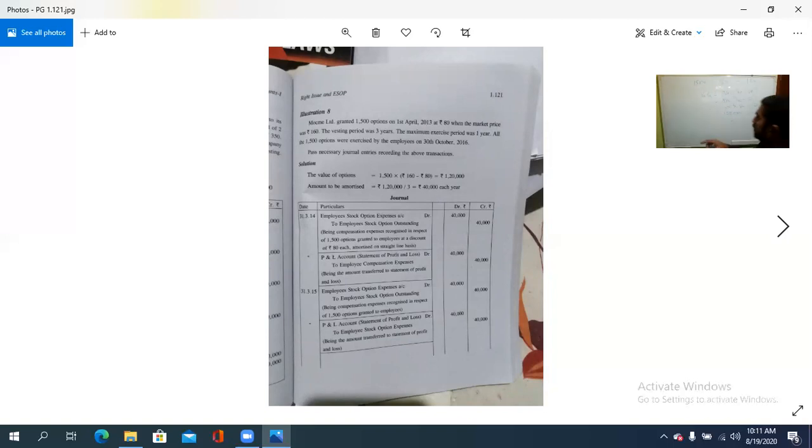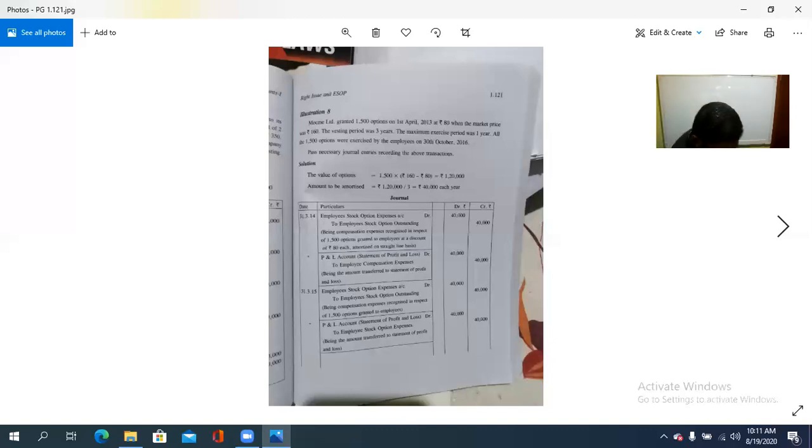So the value of the option is the number multiplied with market price minus exercise price. So 80 into 1,500, 1,20,000. That is to be divided by 3. That is 40,000, the value of the option. Based on the value of the option, we need to pass the entry.